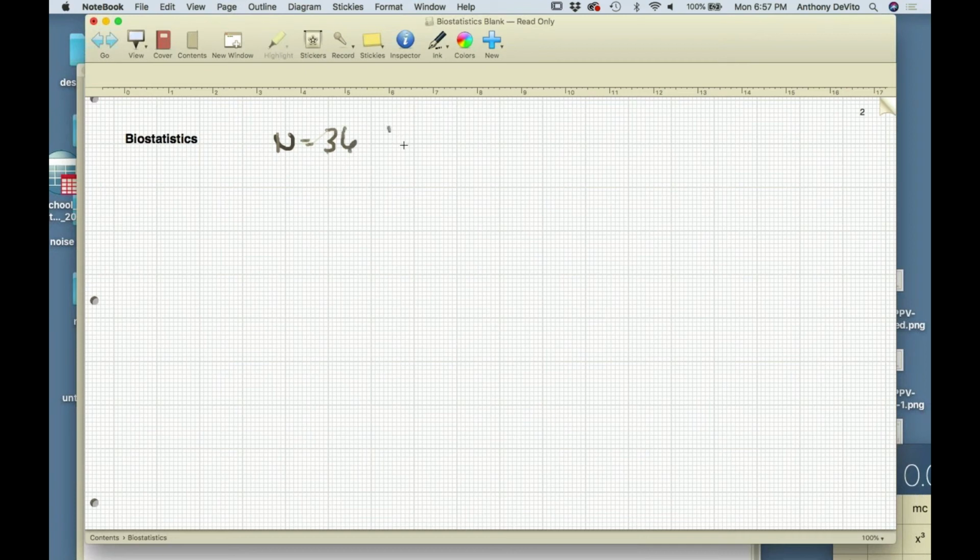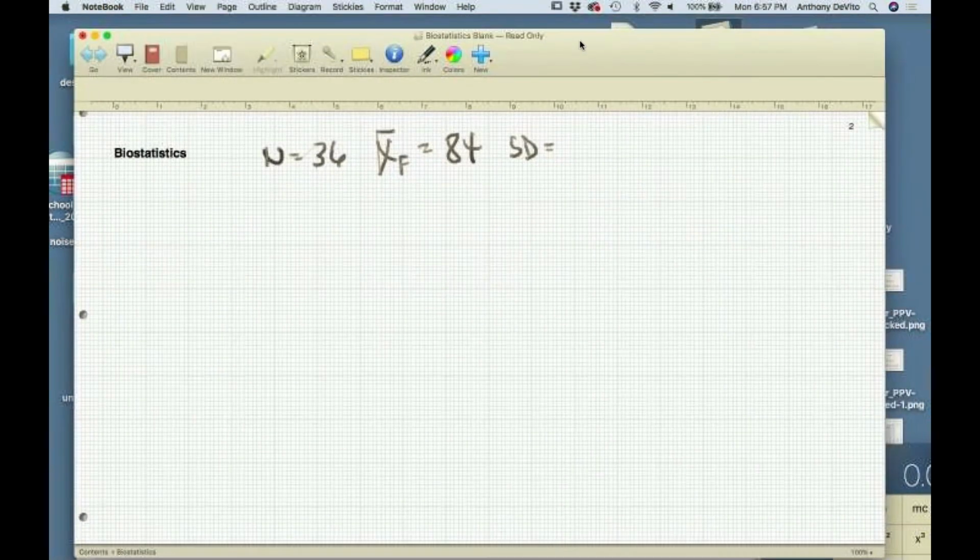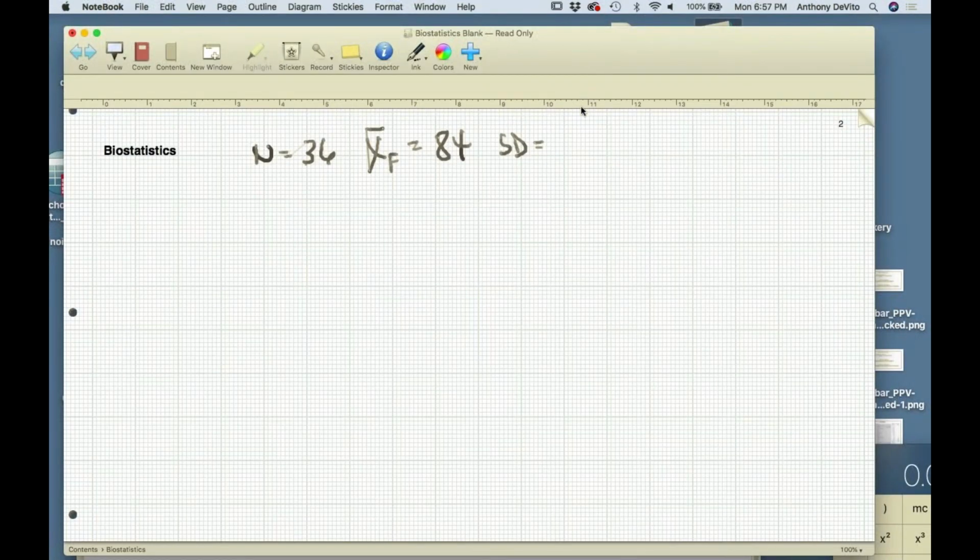Our mean for females is, what did I say it was before? 84. Our standard deviation is equal to, I forgot what I said. 12? Yeah, that sounds right. Okay, that goes along with 36, yes.